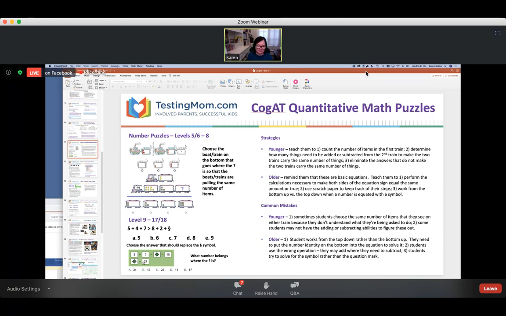Here we don't have 27 in here, but they might think they're trying to solve for this symbol, not for the question mark. So again, practice is very, very important for this test, because then they see what they're supposed to be doing. And also when you practice with your child, you see if your child has the math skills they need to do well on this test.